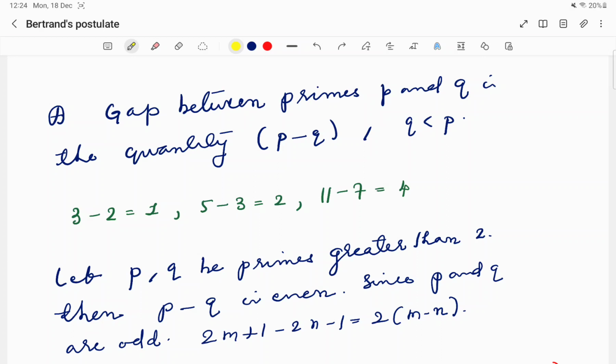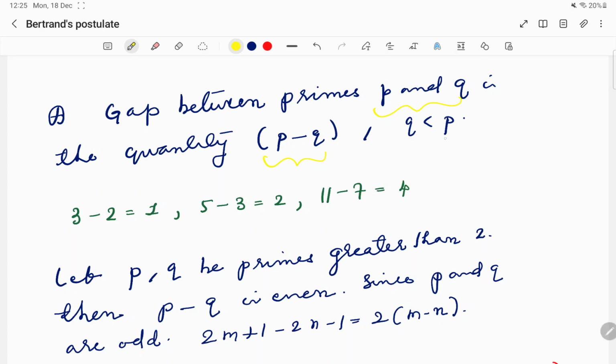Okay, so a gap between primes p and q can easily be said to be the difference p minus q. Let p be any prime and q be any other prime. So what is the difference? p minus q, right?